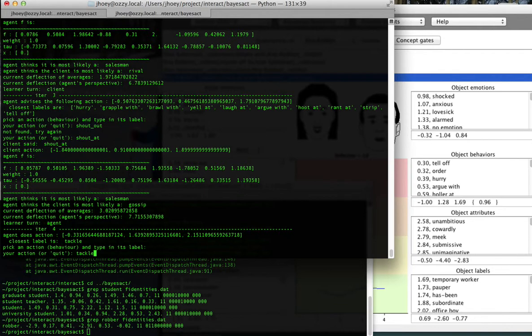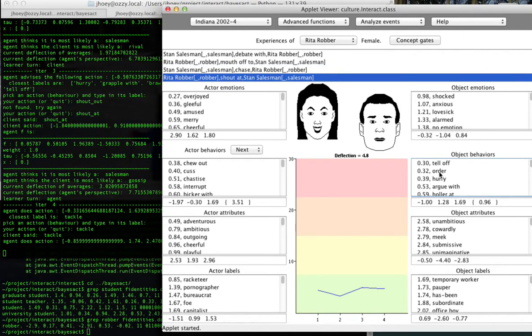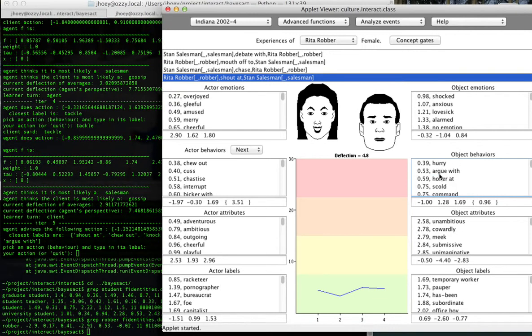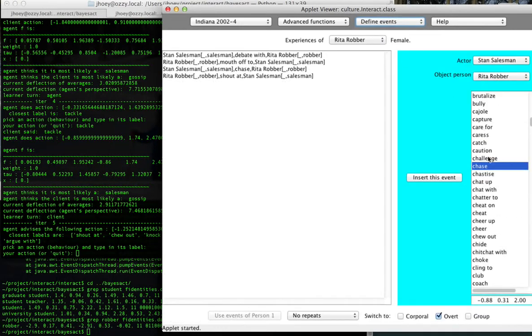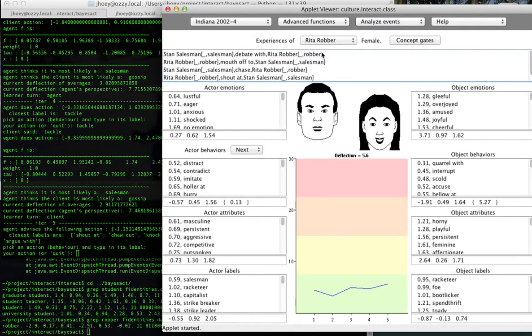So his response to this shouting at is going to be to tackle Rita the robber. And we'll see over here his deflection minimizing actions are things that are somewhat similar to that. So we'll do define the events. We'll go down here and find tackle. Tackle, not tickle, but rather tackle. There's tackle, there it is. Okay, then we'll go and rerun all those from the start, see what we should do next.